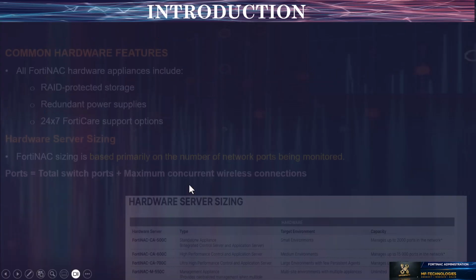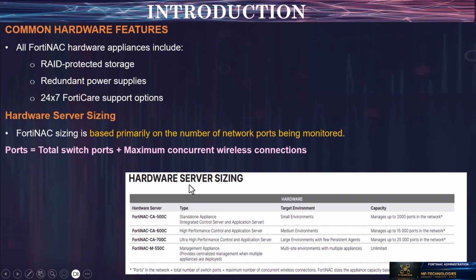Regardless of the appliance model, all Fortinet hardware platforms share several common enterprise features. Although the appliance models differ in performance and capacity, they all provide several enterprise-class features. First, they include RAID-protected storage, which improves data protection and reduces the risk of data loss caused by disk failure.